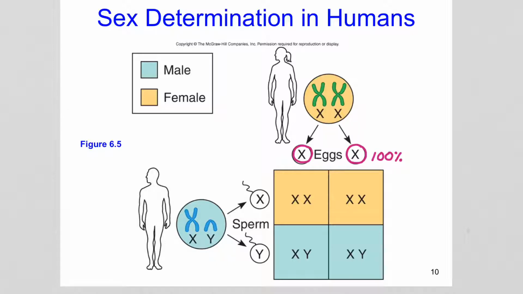And that's because it's the only possibility that she has. For males, there's a 50% probability that he will pass on an X chromosome in his sperm, and a 50% probability that he will pass on a Y chromosome in the sperm.